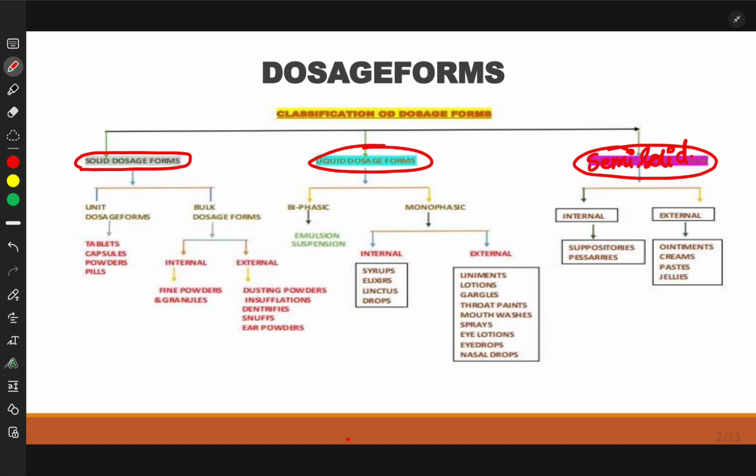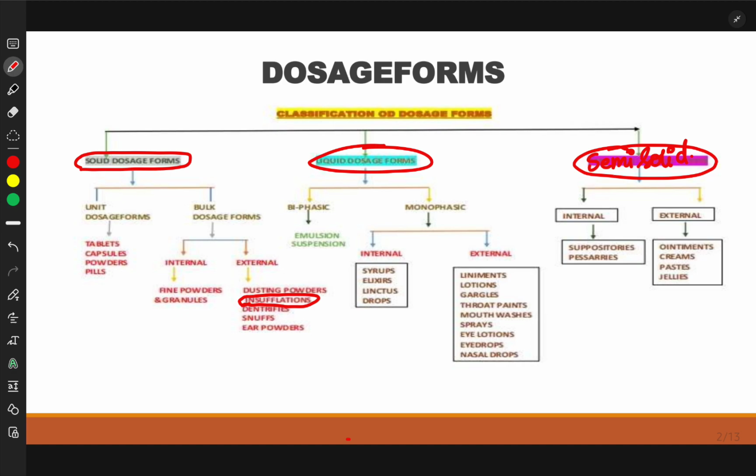Like when you have wounds on the surface, we apply antiseptic powders. These come into the category of bulk powders. Some insufflations are there. These insufflations are introduced into the body, like nasal sprays. They are particles, not a spray. These powders are directly sprayed into the nasal cavity.